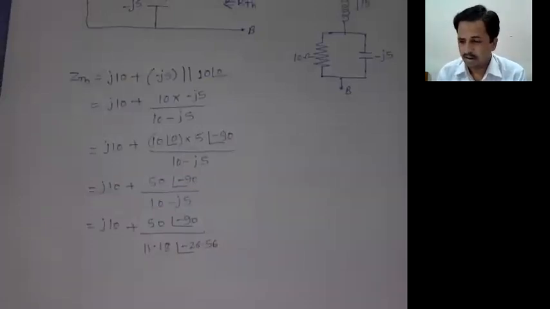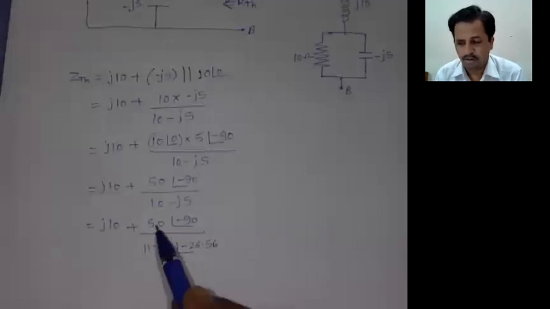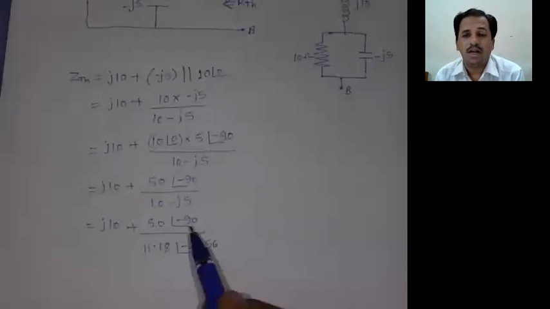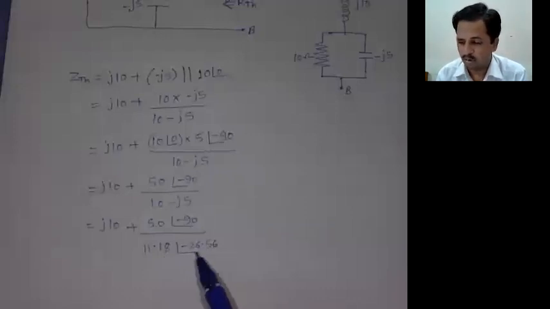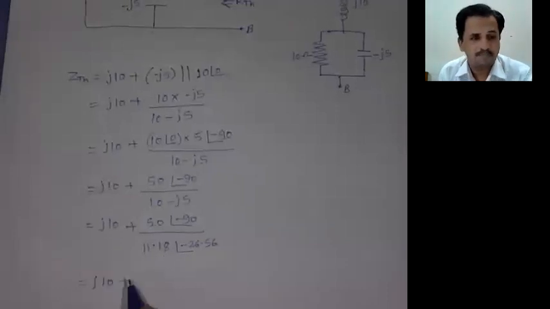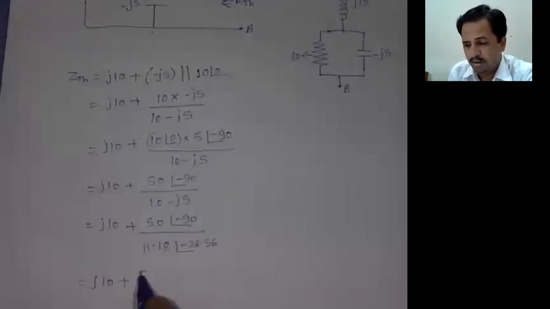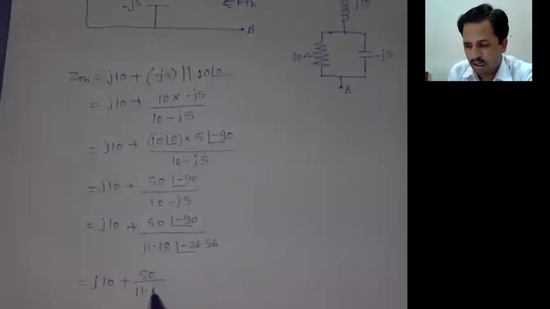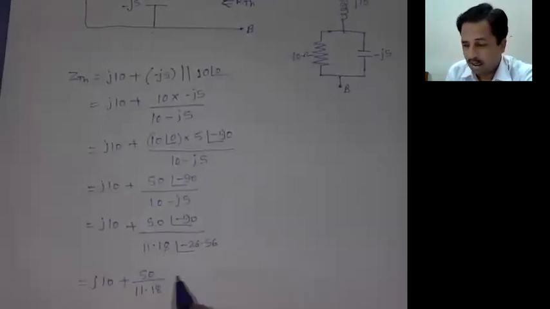Now in this division, 50 divided by 11.18, and the angles are subtracted from one another, that is this quantity is subtracted from this. Now here we represent j10 plus 50 divided by 11.18 with angle minus 90 minus minus 26.56.